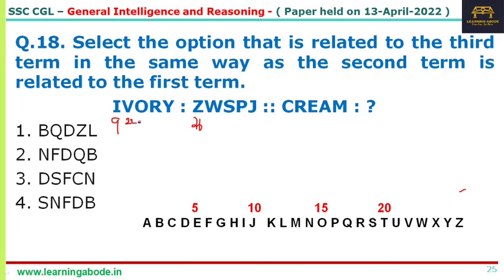is 22, W is 23, O is 15, S is 19, R is 18, P is 16, Y is 25, now J is 10. Okay, now if you see, actually what has happened is they have not coded it directly.